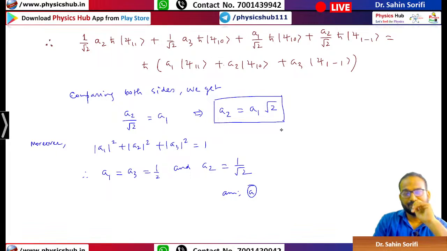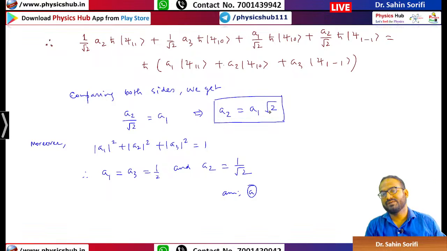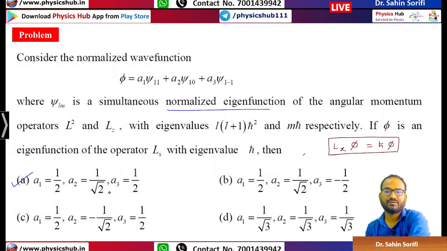Otherwise you can compare. Look, this is a smart way. One relation you find out that a2 is equals to a1 times root 2. Look at the option. a2 is a1 times root 2. So if you multiply root 2, you get this one. If you multiply root 2, you are not getting this. So this cannot be the answer. By multiplying root 2, you are getting this, may be an option. By multiplying, so this is not the option. So this is vanished.